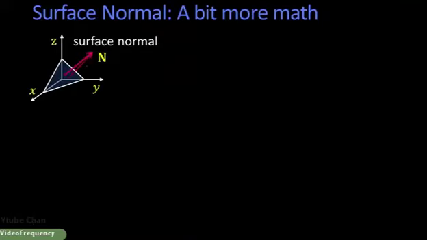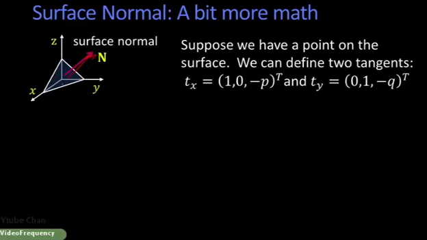So let's assume we have some sort of a surface normal. Here we have our surface normal drawn, and it is on a surface. If we have a point on a surface, we can define two tangents. One is, if I take a step just in the x direction, there's a question of how does z change. If I step in the x direction, no change in y, then my change in z will just be the partial of z with respect to x, and so that's negative p.